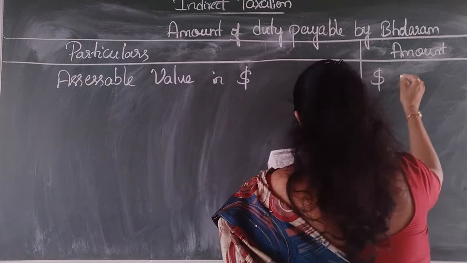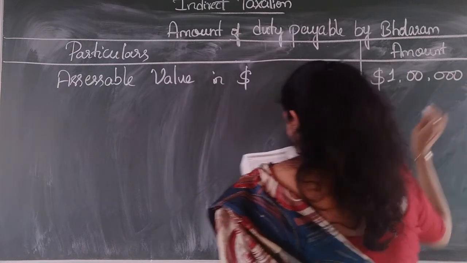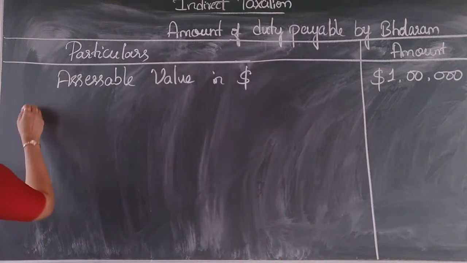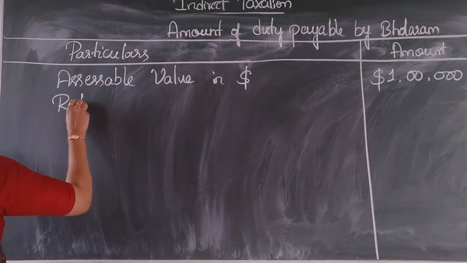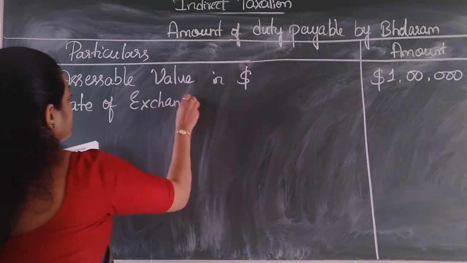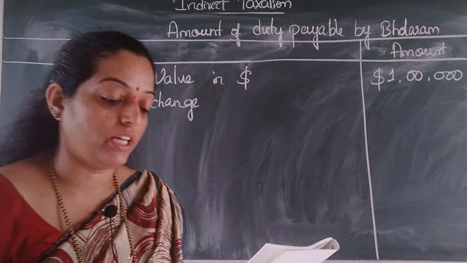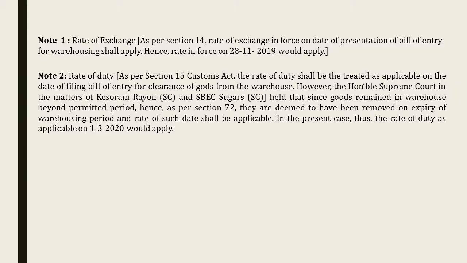$1 lakh. Rate of exchange: see, as per section 14, the rate of exchange in force on the date of presentation of the bill of entry for warehousing shall apply. Hence the rate in force on 28th November 2019 would be applied.